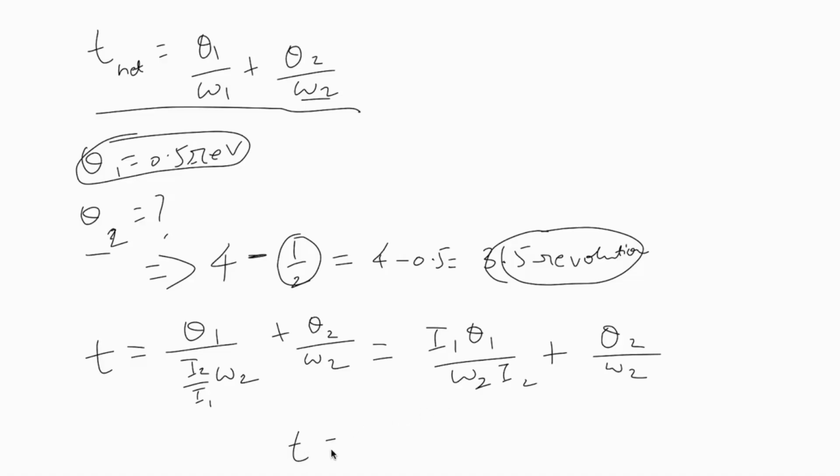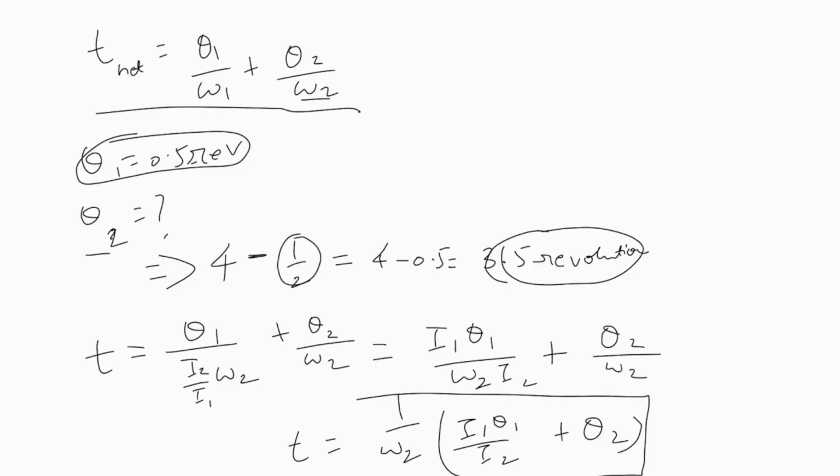And from here I finally take out 1 by omega 2 as common: theta 1 I1 by I2 plus theta 2. My goal is to calculate this one, so it's straightforward now.